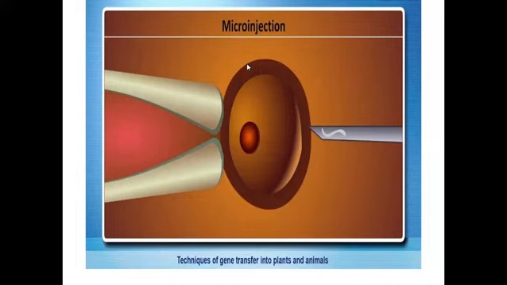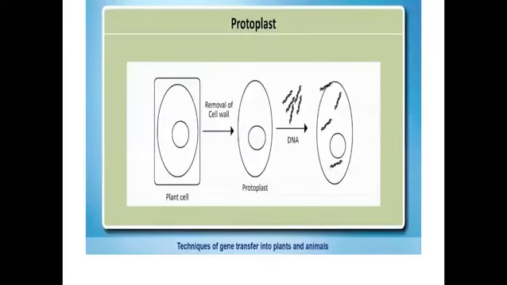The next one is chemical gene transfer techniques, chemical gene transgenesis. In these chemical gene transfer methods, the selected DNAs, meaning target DNAs, enter into target cells with the help of chemicals.